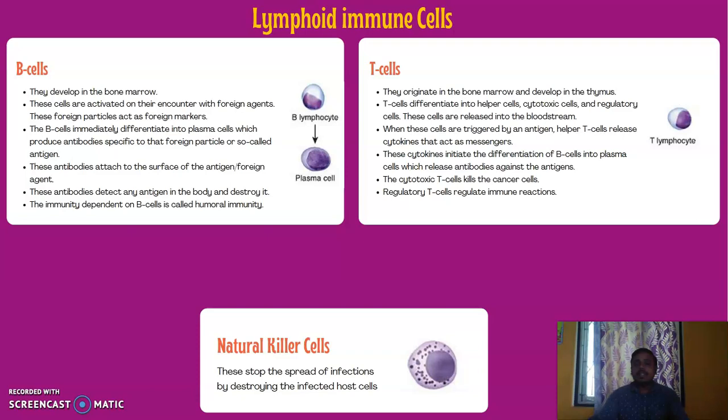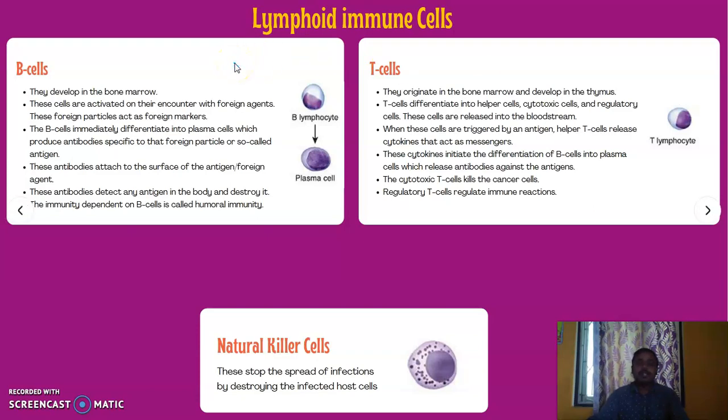These cytokines initiate the differentiation of B cells into plasma cells, which in turn release antibodies against the antigens. The cytotoxic T cells kill the cancer cells. The regulatory T cells regulate the immune reactions. So, basically the T cell, through its 3 subtypes, covers almost all the basic protection of the immune system.